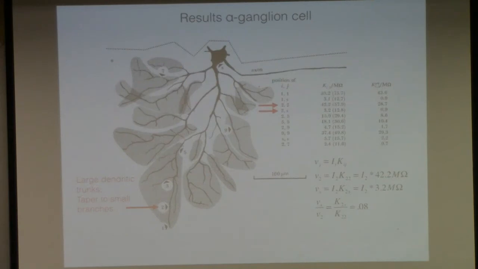And so here's what they found. While we won't go into the details of how they did this calculation, they are claiming through numerical calculations that each of these shaded regions are electrically distinct regions of the dendritic tree. That is to say, what happens in this shaded region isn't affected by and doesn't affect what happens in this shaded region.